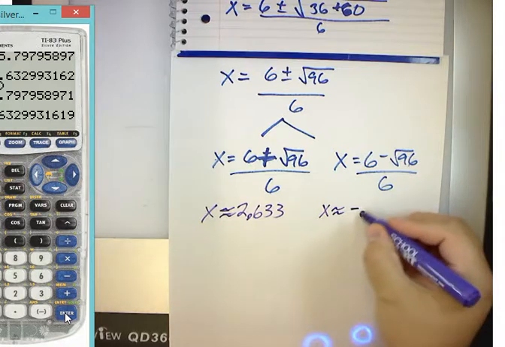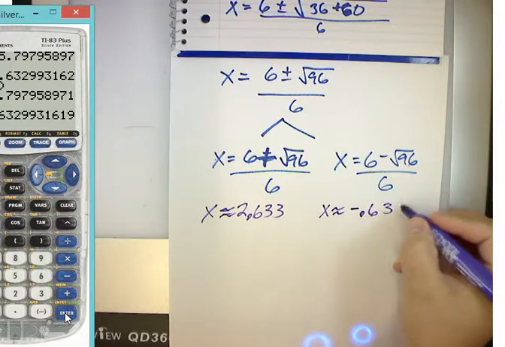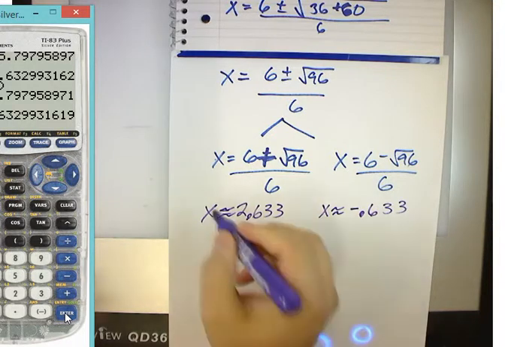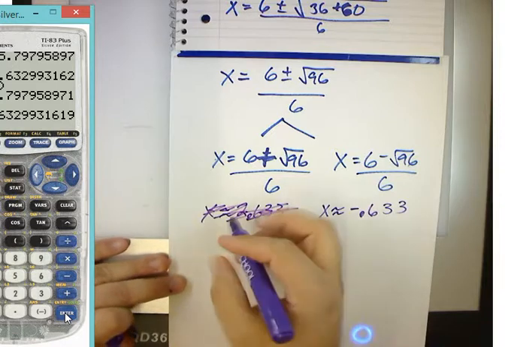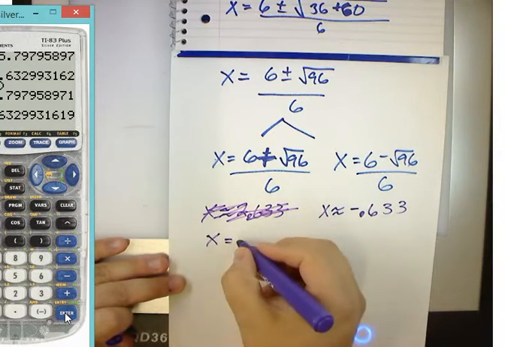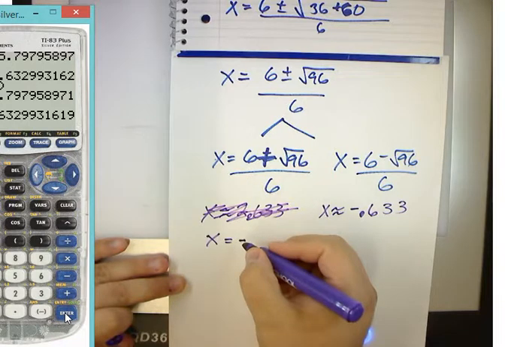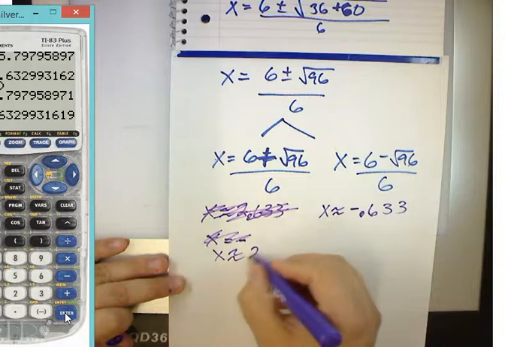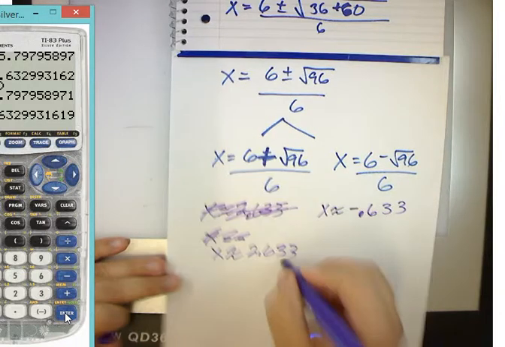Negative 0.633. Okay? Alright. So those are, oh wait, why did I write down the wrong answer here, you guys? You're supposed to tell me when I make a mistake. No, I had the right answer. What am I doing, you guys? X is approximately 2.633. So those are my two answers.